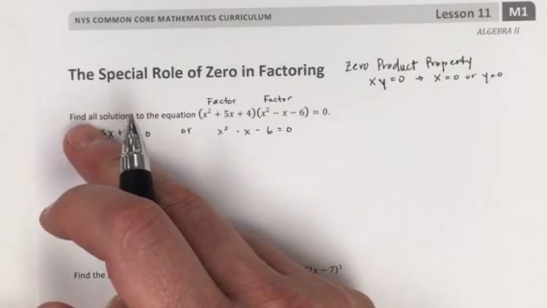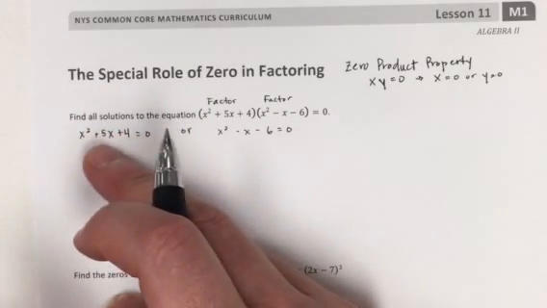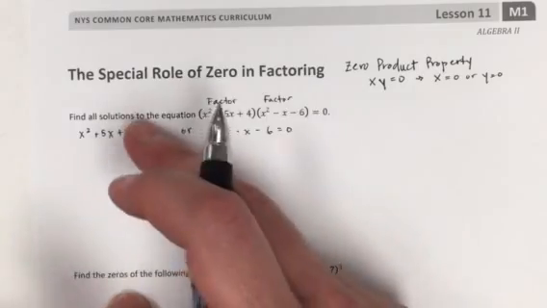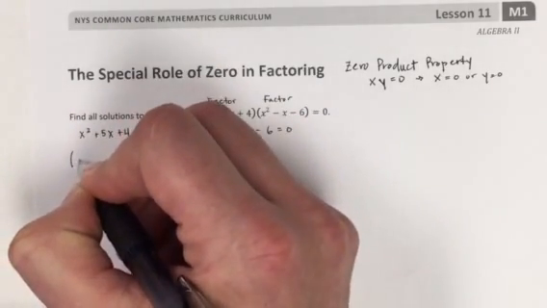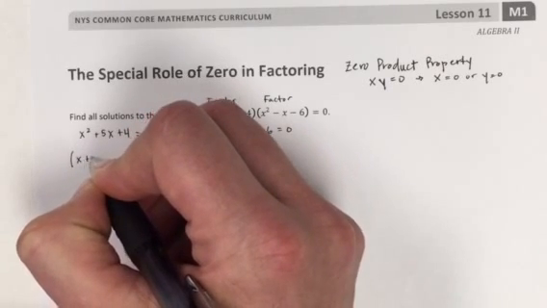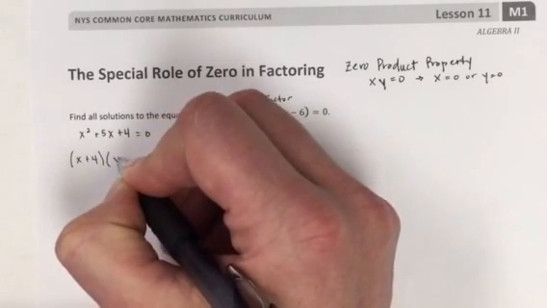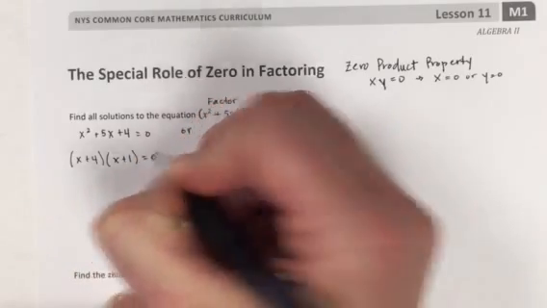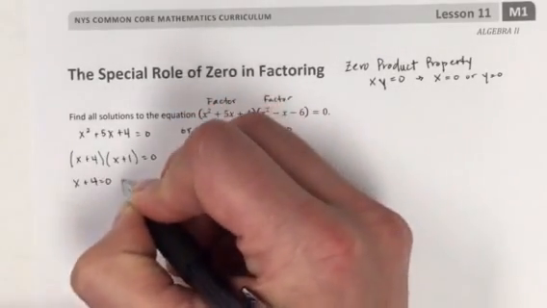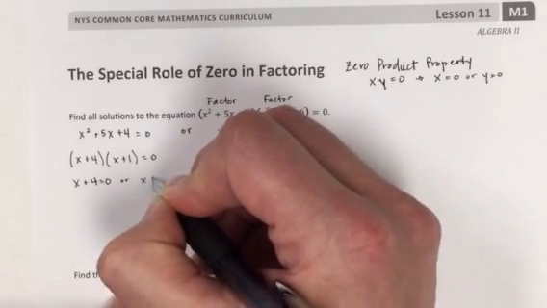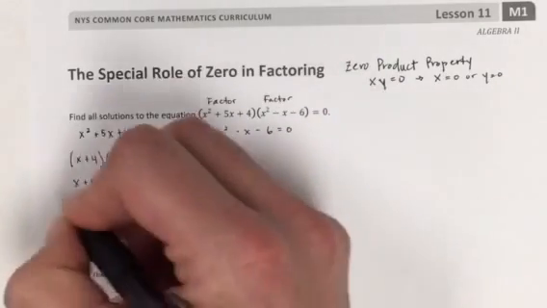And so when it says find all solutions to the equation, I actually have to break this down a little bit further. And what I know is I can factor the x squared plus 5x plus 4 even further, and I'll get x plus 4, x plus 1 equals 0. x plus 4 equals 0 since it's one of the factors, or x plus 1 equals 0 since it's one of the factors.